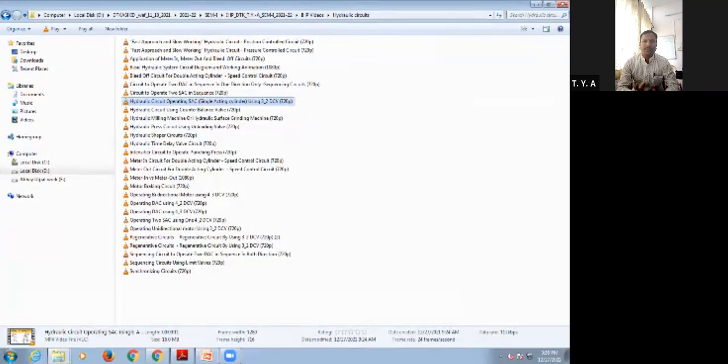Whether you understood? The figure of the circuit diagram I have shown in my slide, the same circuit diagram they have shown, but just colorful. How is the extension possible by taking the fluid from the power source, that is P port to A, and then extending the single acting cylinder.